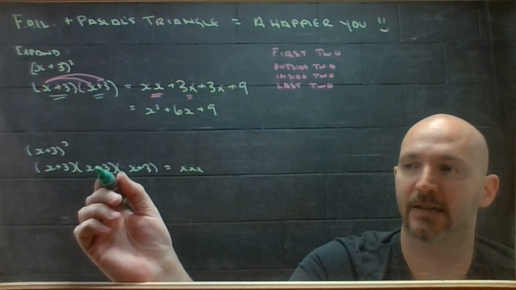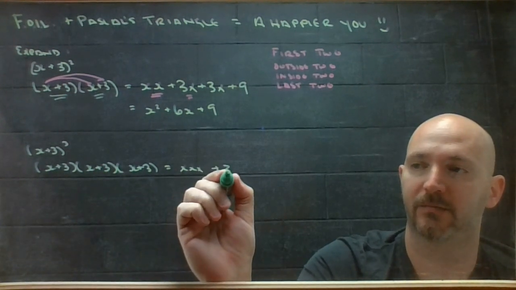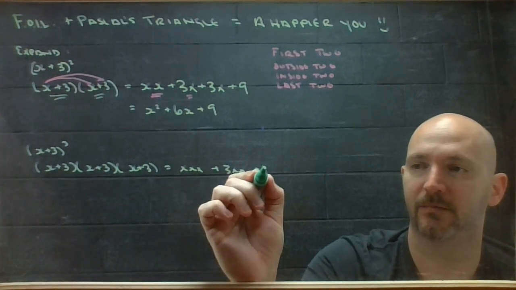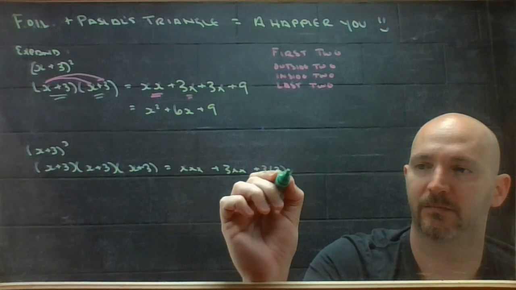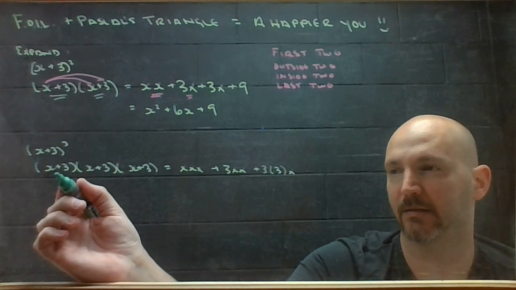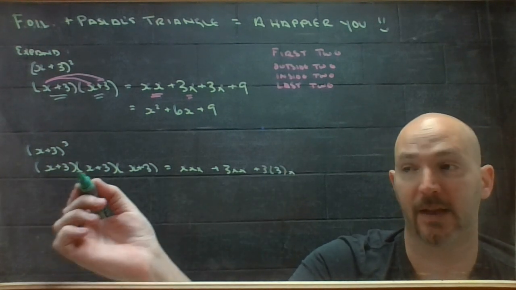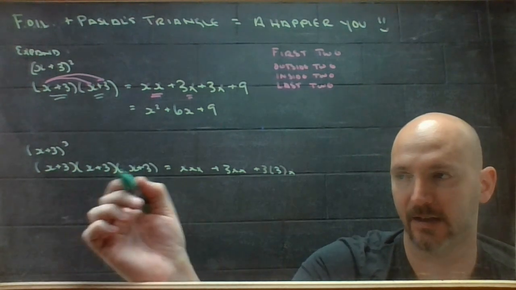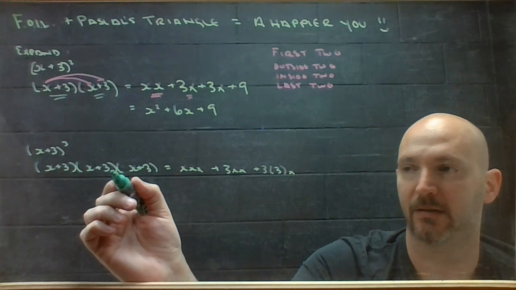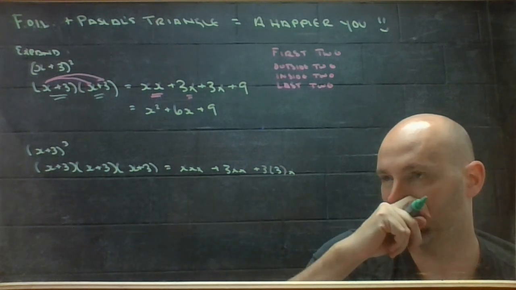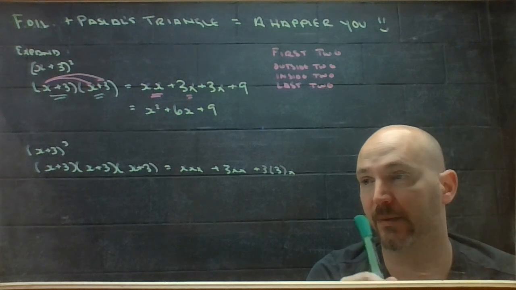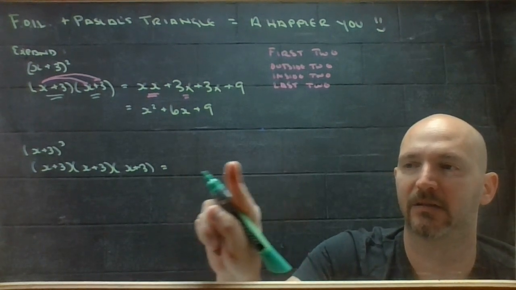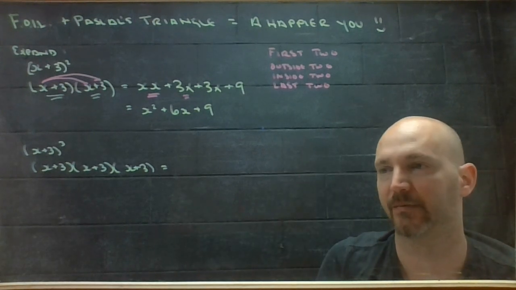I could take an x and an x and a 3. I could take an x and a 3 and a 3. Well, that's it. If I am forced to take this x, I could either take an x and an x, and x and a 3, 3 and a 3. Oh, or I could take a 3 and an x. You know what? Let's just not do this. This is too complicated. Let's try this FOIL thing.